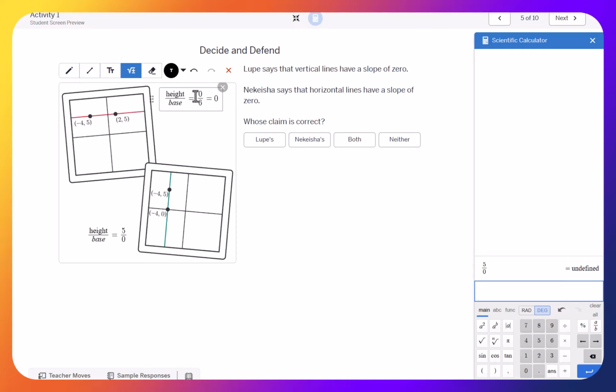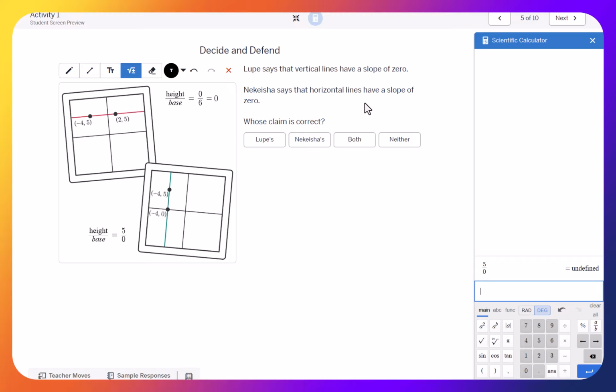It's not the same as 0 divided by 6. I can multiply 6 by 0 to get 0, but I can't multiply 0 by anything to get 5. So the slope of a vertical line is actually undefined. On some calculators, it'll say error there, but technically it's called undefined. So Lupe says that vertical lines have a slope of 0, but he's wrong.